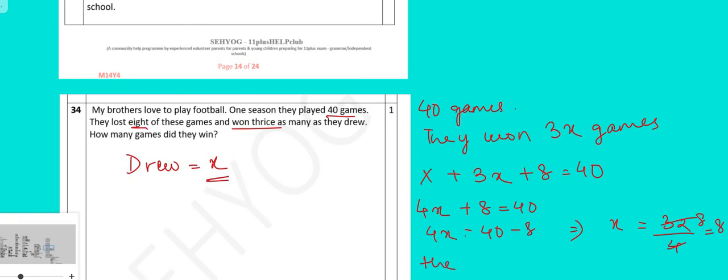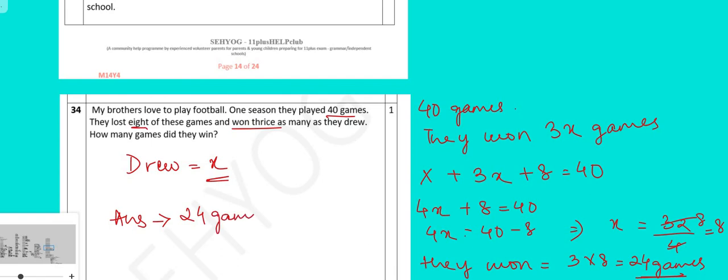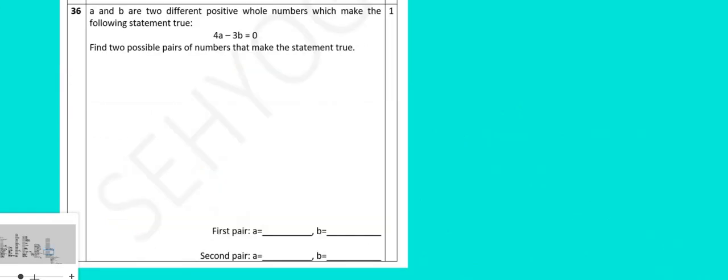The number of games they won was 3 into 8, which is 24 games. Therefore our answer is they won 24 games.